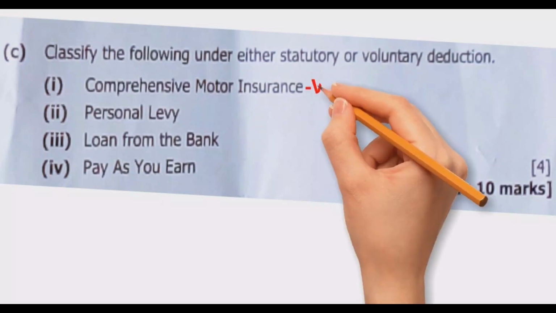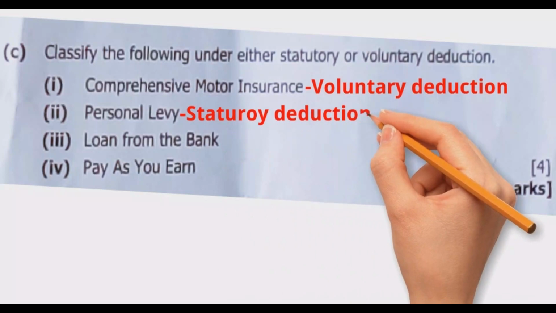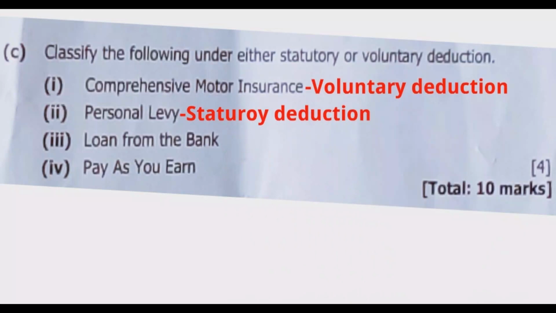This is a voluntary deduction. Number 2, personal levy. This is a statutory deduction. Whether you like it or not, you have to pay personal levy as long as you qualify to pay it.